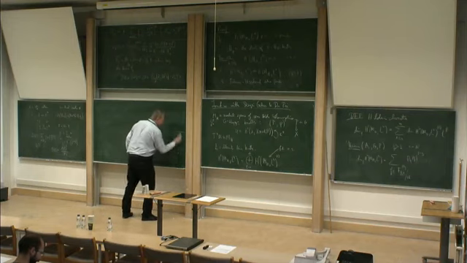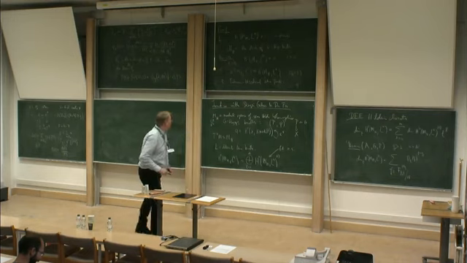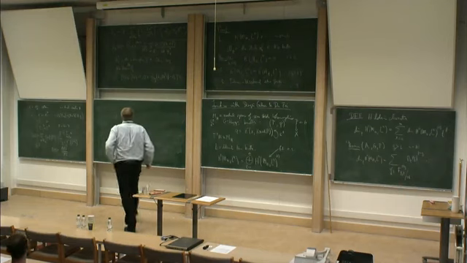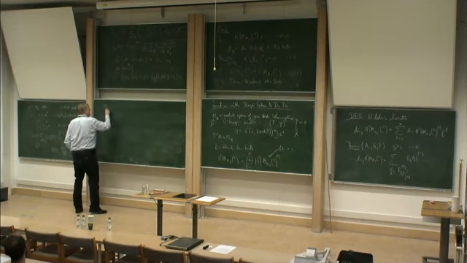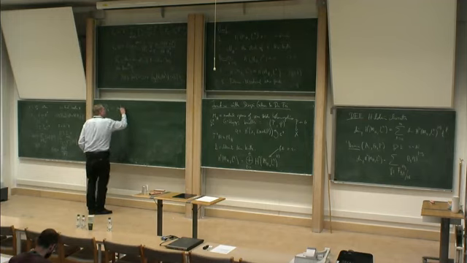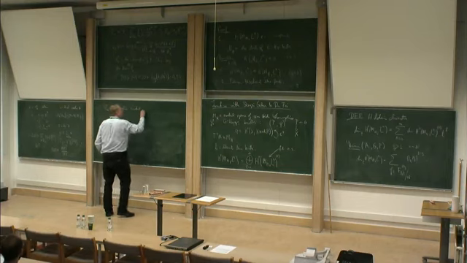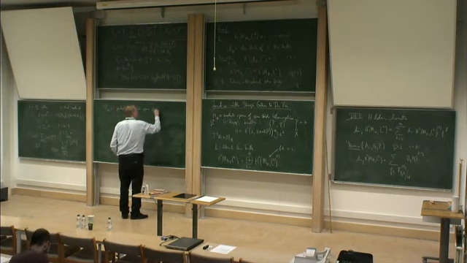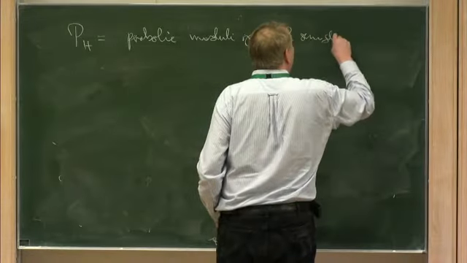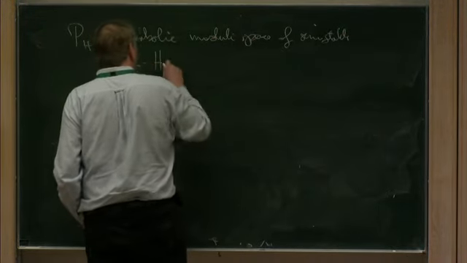So what I'm going to do now is introduce the parabolic moduli spaces. So now I let pH be the parabolic moduli space of semi-stable Higgs bundles.